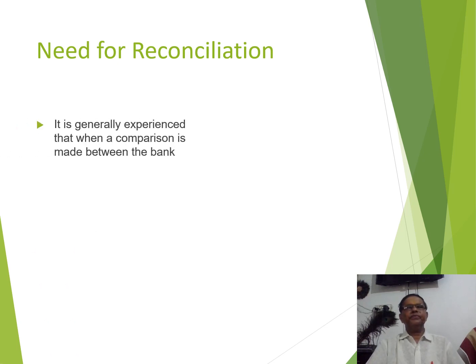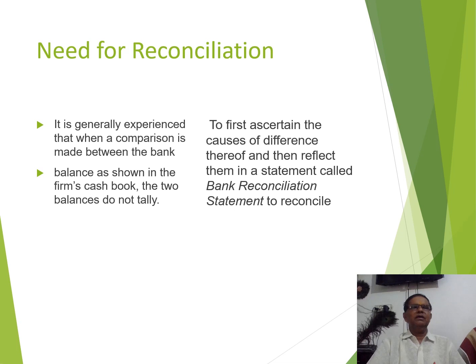So here we discussed the need for reconciliation, because generally both sets of books do not tally. So we first find out the causes of difference, why it does not tally, and we prepare a statement called the bank reconciliation statement.